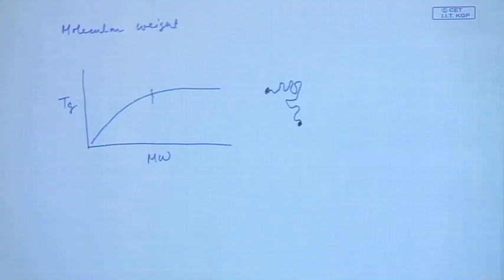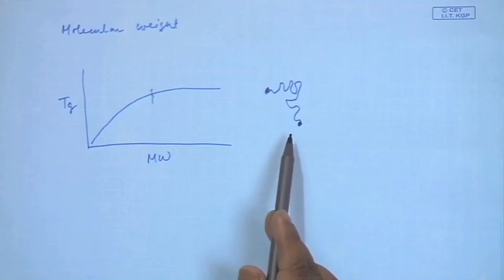So, for a chain, the more the contribution from ends, the more the free volume, hence Tg is lower.